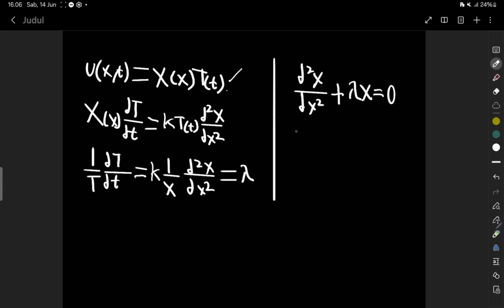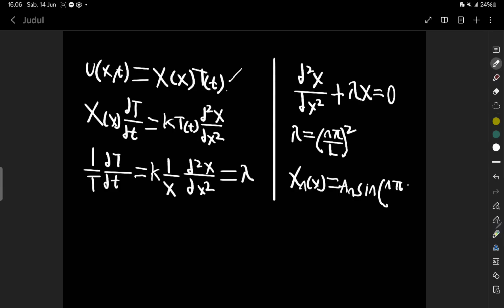We set lambda to n times pi per length, squared, so it becomes X(x) equals A sine of n pi x per length.